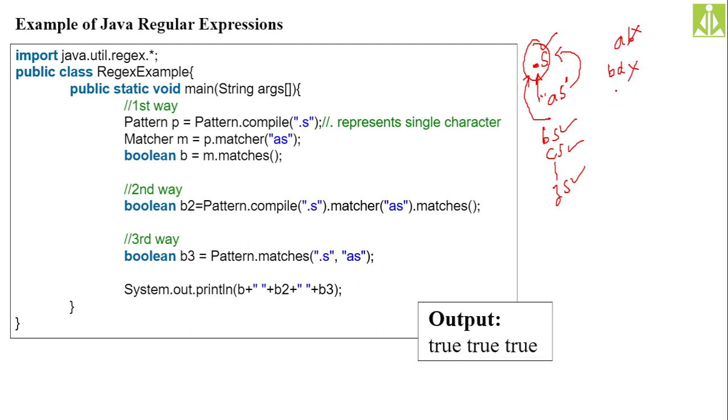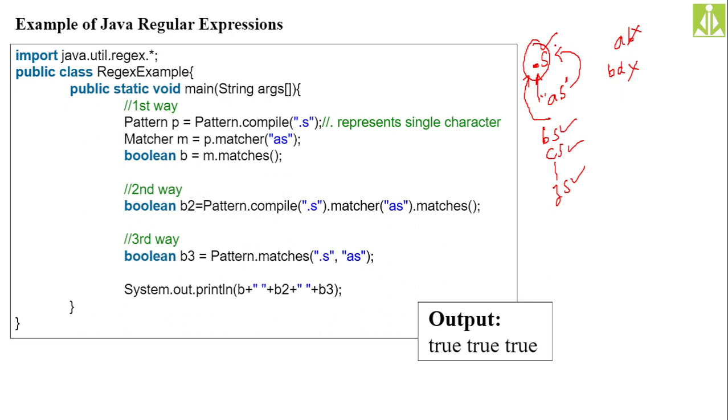You remember this one. This is our regular expression, a simple regular expression with dot. Dot represents a single character, and that single character can be anything. And s must be s only in all the strings. Then only they will get satisfied. If you give something else over here, you will get output as false.